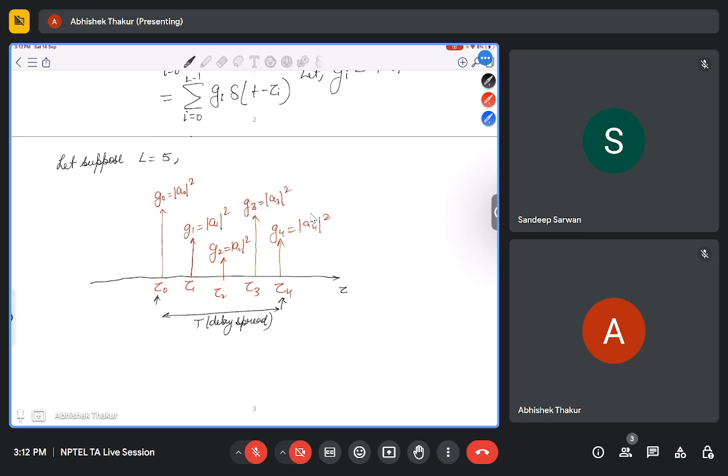We can also make a table of path gain and delay. At the delay of tau_0, the path gain was mod a_0 square. At the delay of tau_1, the path gain was mod a_1 square.